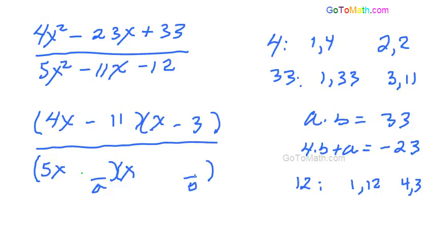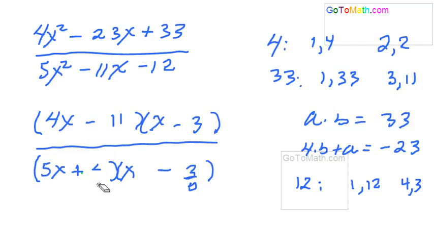The only other choice we got here is 3 and 4. 15 and 4 is negative 15. Oh, negative 15. And for this, it's a minus and that's a plus. There you go. So you got negative 15 and plus 4 is negative 11.